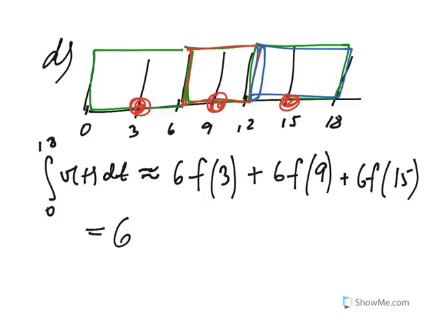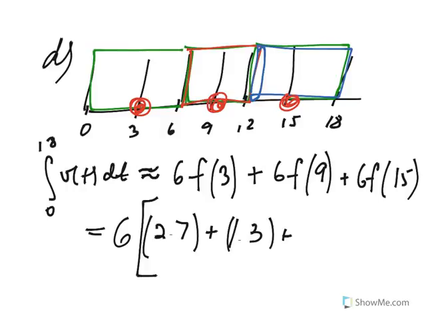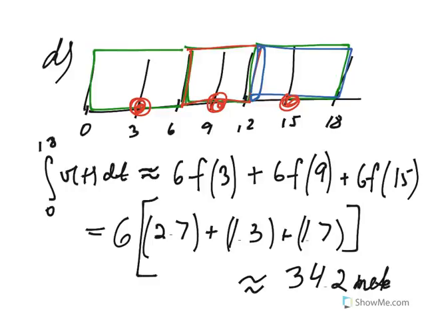And that gives us f of 3 is 2.7, plus, you know what, let me just factor out this 6. That will be better. Plus f of 9 is 1.3. And the last one is 1.7. Use your calculator. And I just did. And I got 34.2 meters.